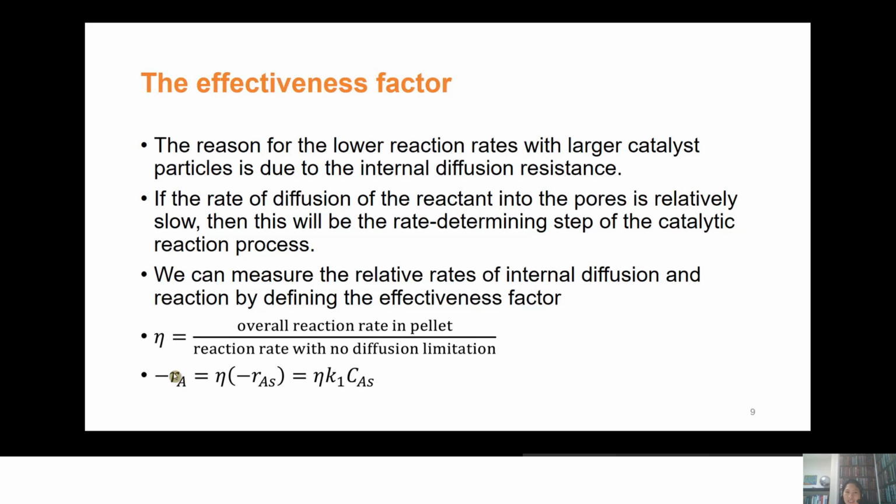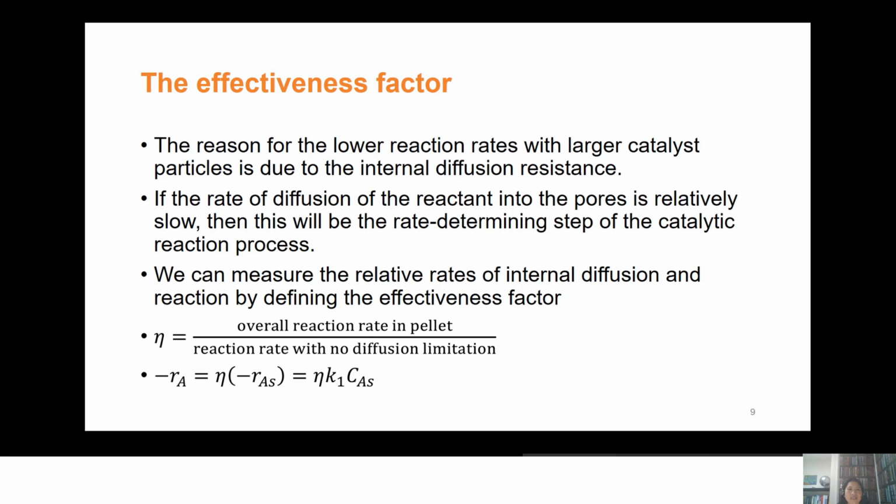You need this guy, the overall rate of reaction, for your material balance. Because for the material balance for the reactor, you have accumulation. The same one that we use is the general material balance or general energy balance. The general balance is accumulation equals in minus out plus generation, and you need this in the generation term.